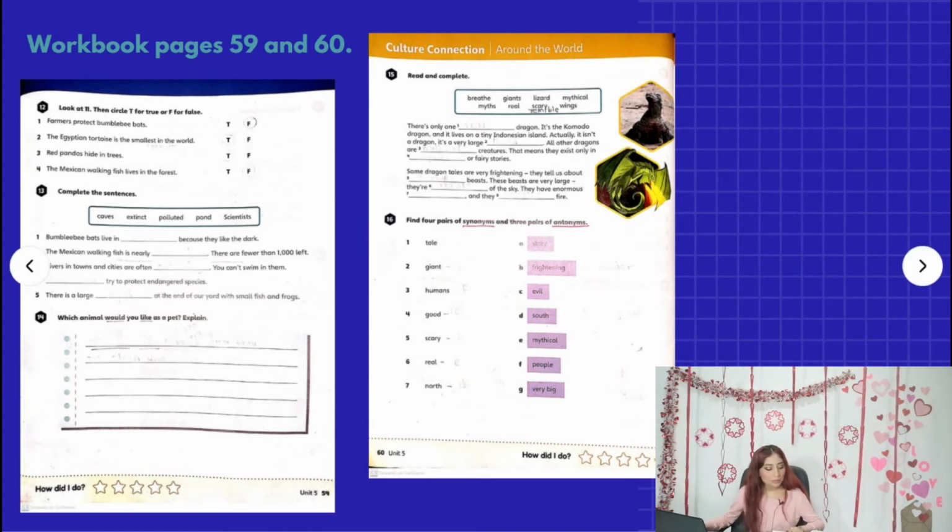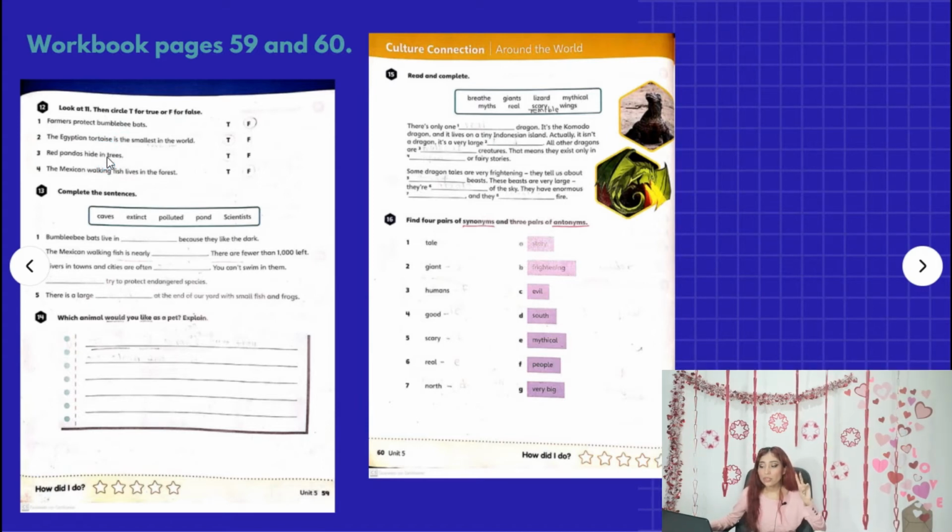And activity 12 says, look at 11, then circle T for true or F for false. You have 4 statements. Number 1, farmers protect bumblebee bats, true or false. Number 2, the Egyptian tortoise is the smallest in the world, true or false. 3, red pandas hide in trees, true or false. Number 4, the Mexican walking fish lives in the forest, true or false.